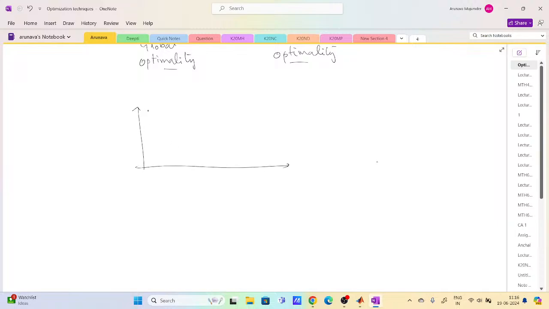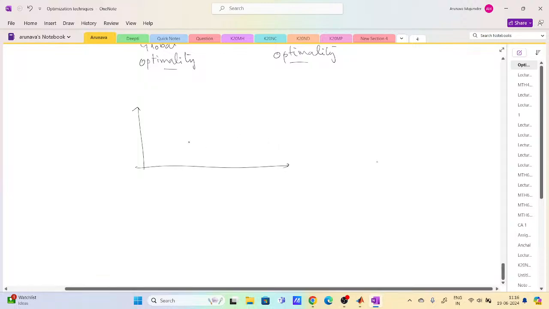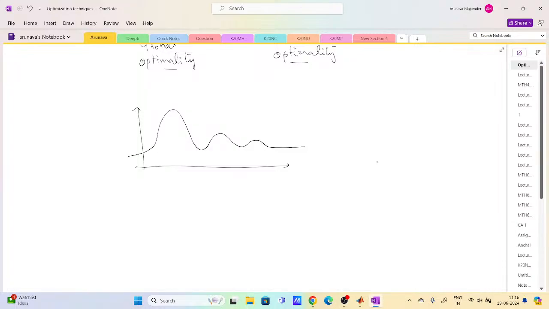Let us suppose the graph is like this. So you can see, basically, if you use any kind of mathematical formulation or mathematical method to solve this problem, what they do is they are basically searching for these peaks.